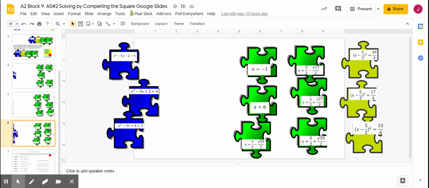Drop the middle sign, and what times what makes 81 over 4 would be 9 halves. And when I combine the right side, I need a common denominator. The common denominator is 4, so it would be 44 over 4 plus 81 over 4. And when I combine them, I get a total of 125 over 4.